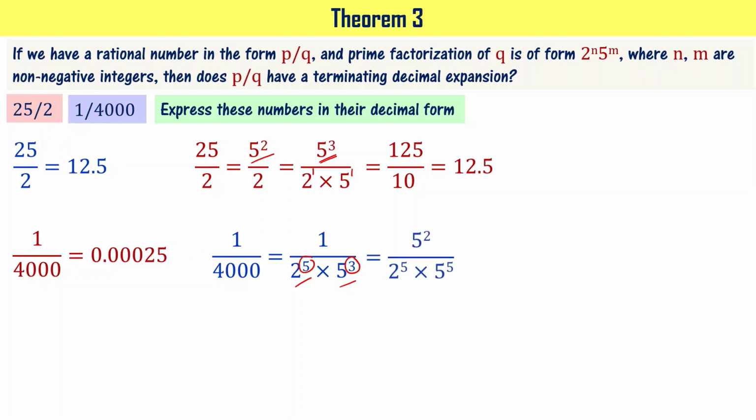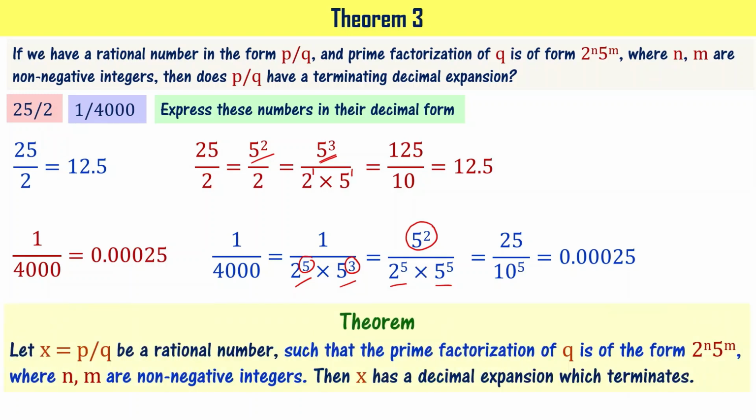To do that, I multiply the numerator with 5 square and multiply the denominator also with 5 square, such that you get 2 power 5 times 5 power 5 as the denominator. So now 5 square is 25, and 2 power 5 times 5 power 5 can be written as 10 power 5, so that I can write this as 0.00025, right?